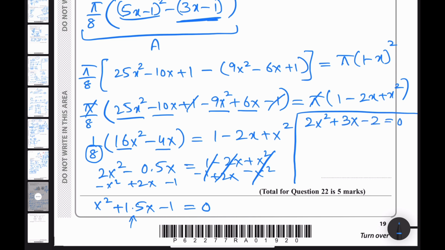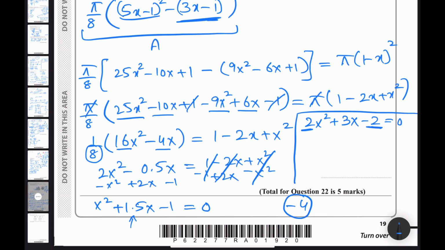Now I'll have to factorize it and we'll work out the value of x. In order to factorize it, I'll multiply this 2 with this 2. So 2 times 2 will become 4. So I have to make the factors of 4 so that when we multiply the two numbers we'll get 4, and when we add the two numbers we get positive 3. So 2 times negative 2 is like negative 4. We have to make the factors of negative 4 basically.